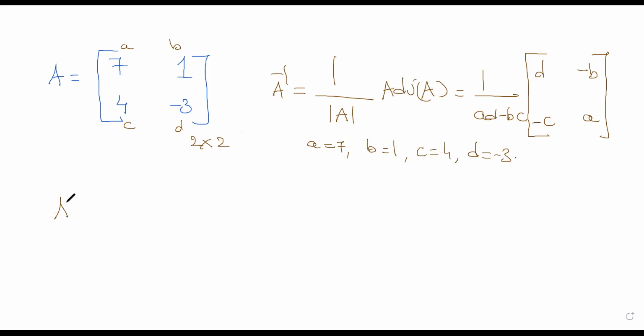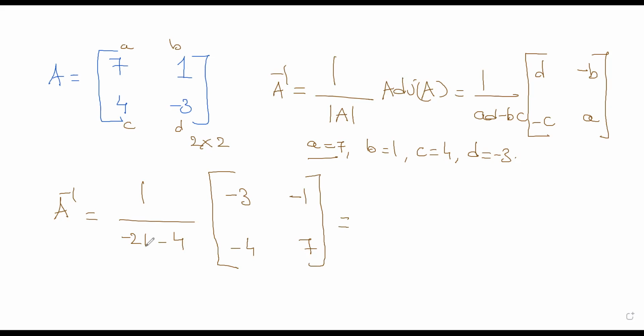So A inverse is 1 by det A. Det A is AD, that is minus 21, minus BC, minus 4. Then for the matrix, exchange A and D, that is minus 3 and 7, and again minus 1, minus 4.